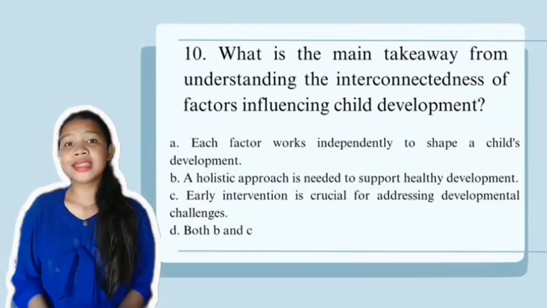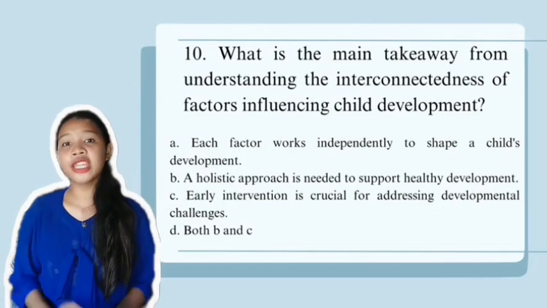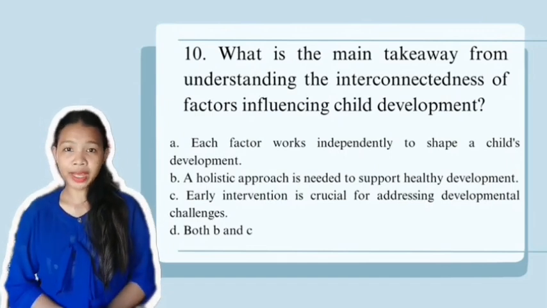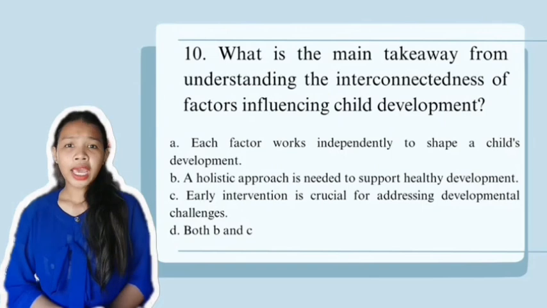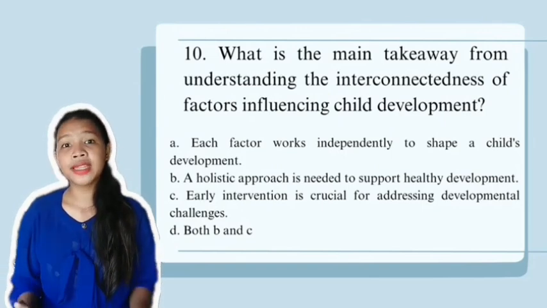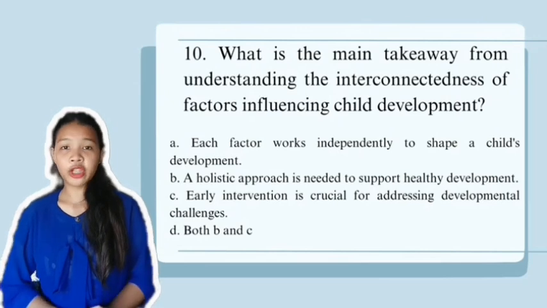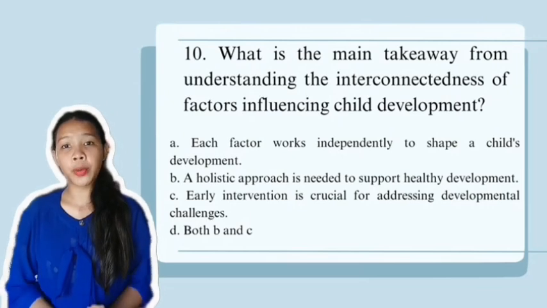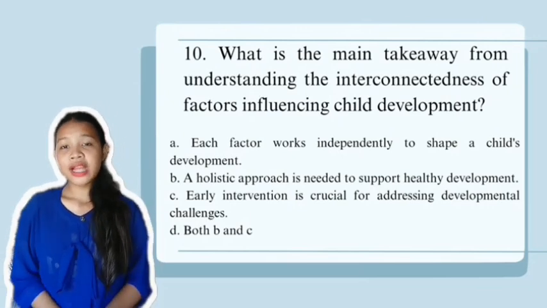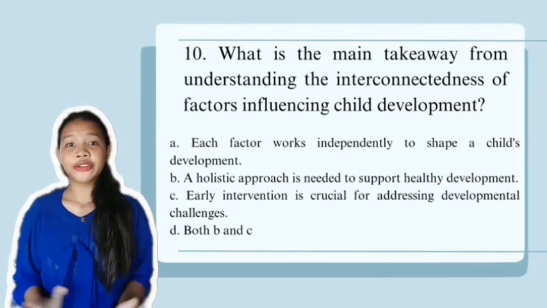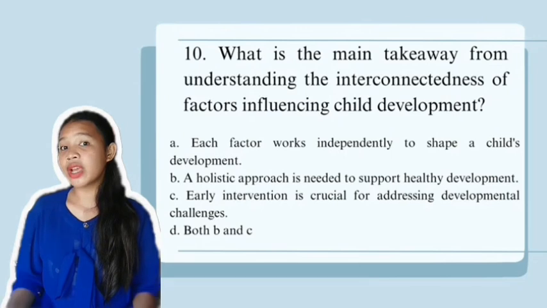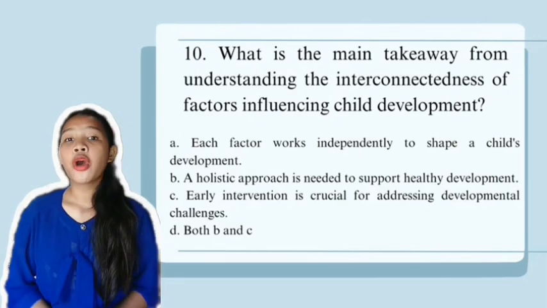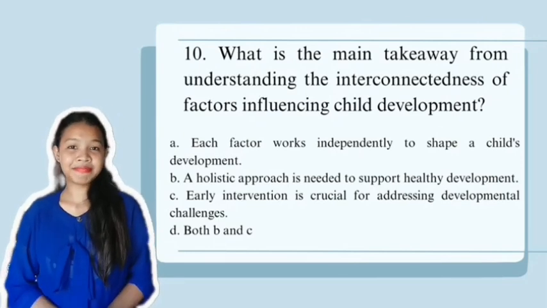What is the main takeaway from understanding the interconnectedness of factors influencing child development? Letter A, each factor works independently to shape a child's development. Letter B, a holistic approach is needed to support healthy development. Letter C, early intervention is crucial for addressing developmental challenges. Or letter D, both B and C.